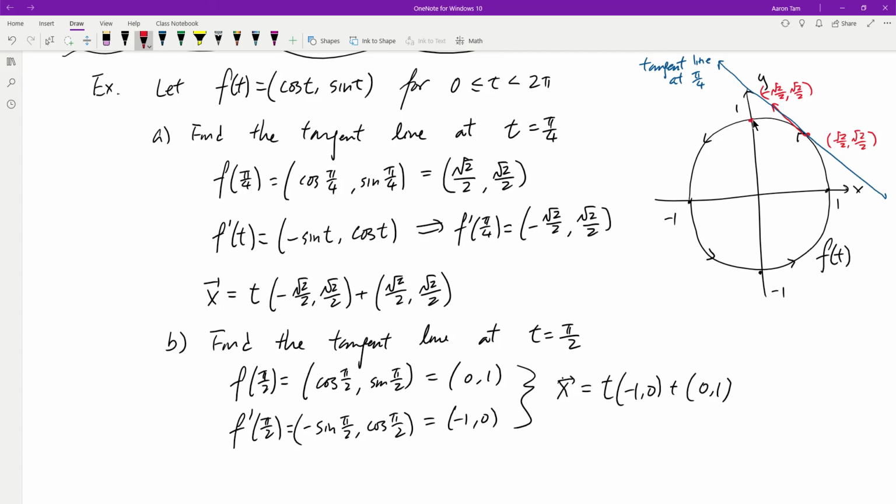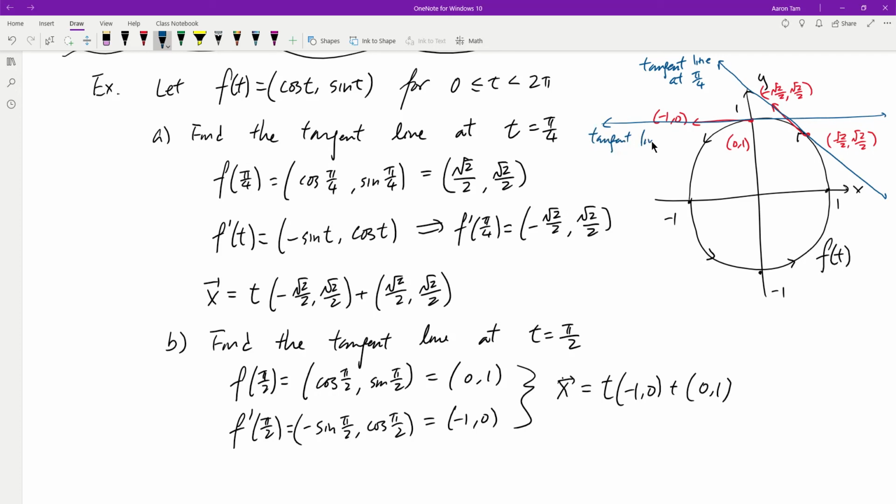Good. Now, if you think about it, what happened to the other tangent line? Well, the other tangent line is here. At pi over 2, we're at this point, 0, 1. And our standard tangent vector is this one, negative 1, 0, which is completely horizontal, which makes sense because it's right at the top of the circle.